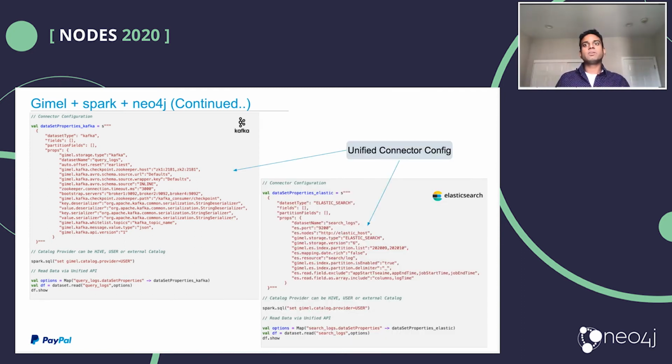The unified config is what enables the right connectors that exist in the Gimel libraries to start working with the sources or the targets, while the unified data API is what the user, I mean a developer, would be using to read and write data from various stores.